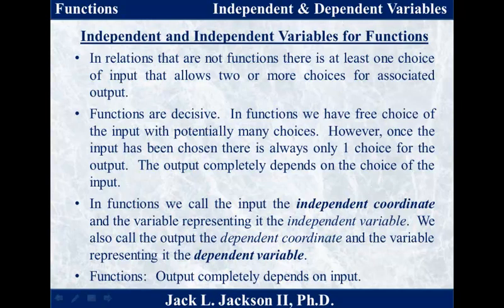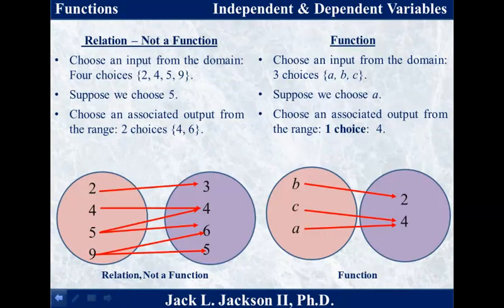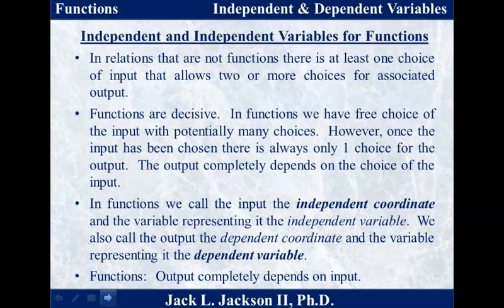The input, our first coordinate, is called the independent coordinate because, as we saw back here, we can choose A, B, or C. We have a free choice. It's independent. But once it's picked, the output depends only on which one we pick for the input. So the output is called the dependent coordinate or the dependent variable when we put a letter with it.